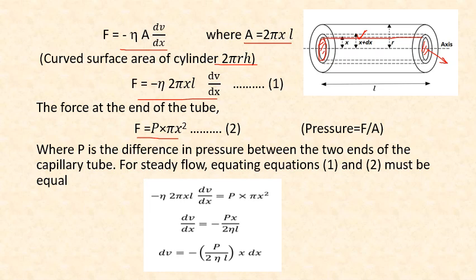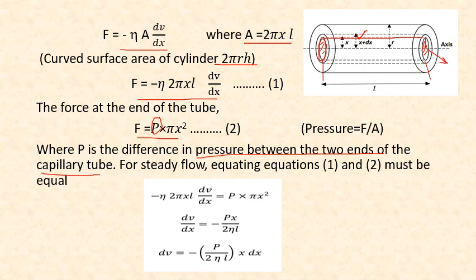So force will be pressure into pi x squared, because x is the radius here, and P represents the pressure difference between the two ends of the capillary tube, that is, between the first end and the second end.